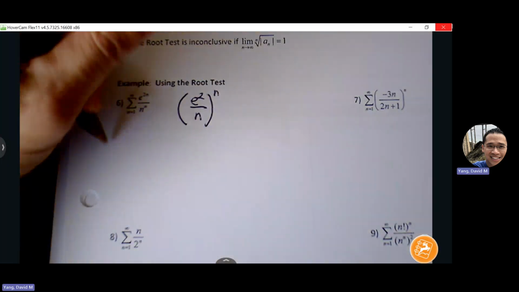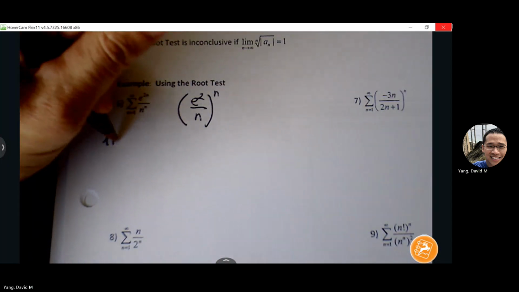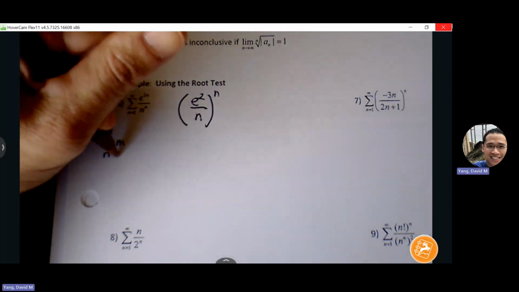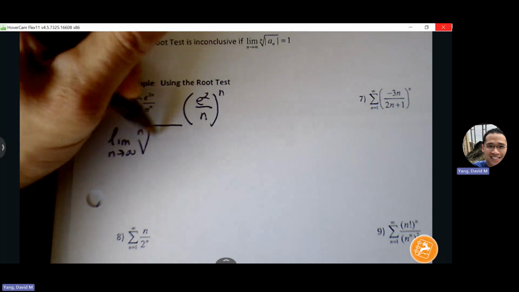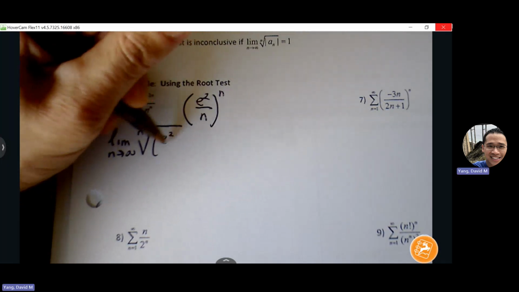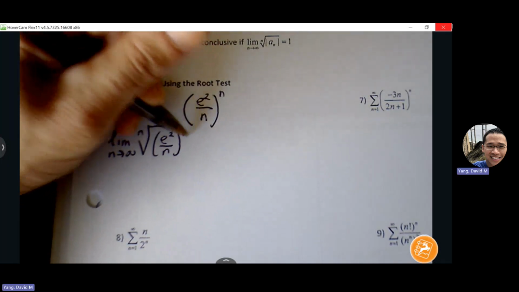So what we can do is we can do the limit as n approaches infinity of the nth root of what we see there. So the nice thing about that nth root is, what's it going to do?